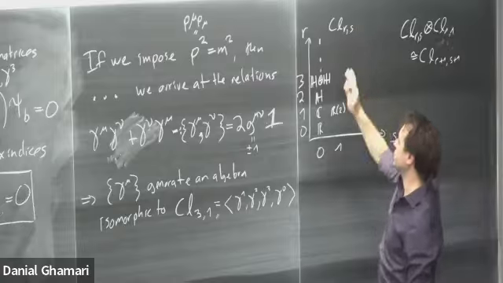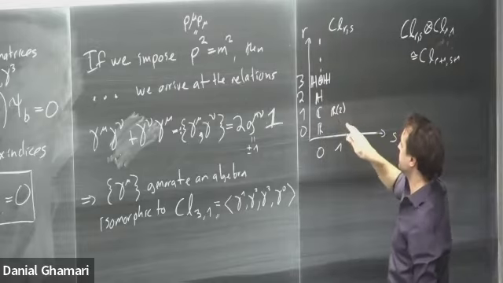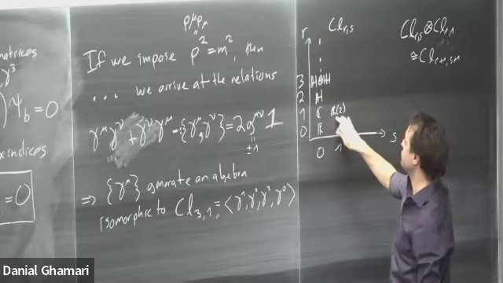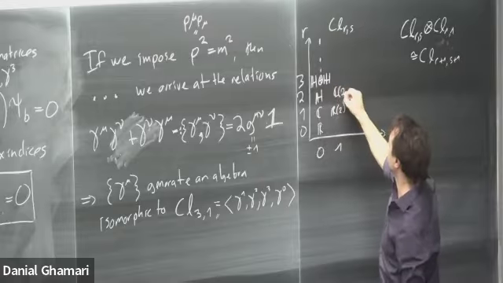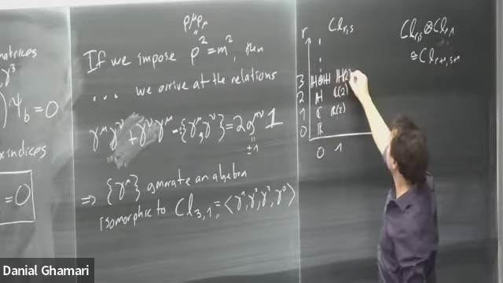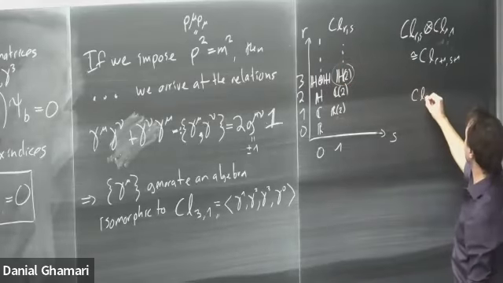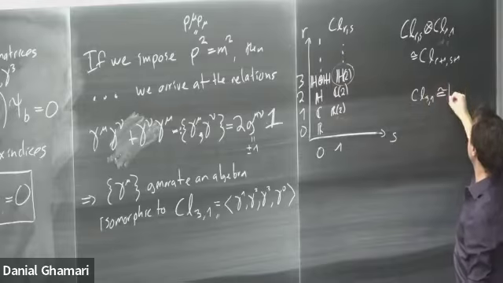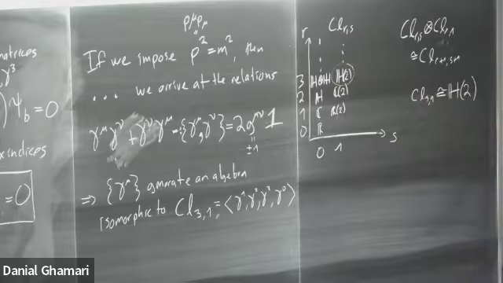So the second column is just a copy of the first column, shifted up 1, tensored with 2 by 2 matrices: 2 by 2 complex matrices, then 2 by 2 quaternionic, and so on. Using our classification of Clifford algebras, we just found that CL3,1 is actually 2 by 2 quaternionic matrices.